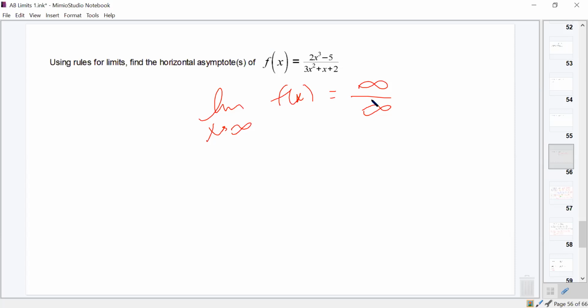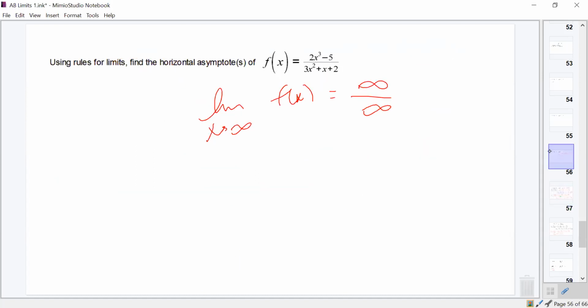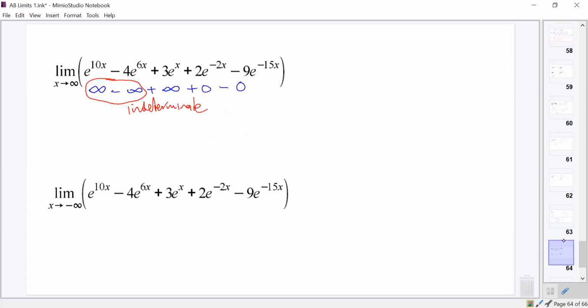Way back when we did those last week. And same with this one today, it was infinity over infinity. Well, infinity over infinity is also indeterminate. So we had 0 over 0, we had infinity over infinity, which is indeterminate, and we also have this other one, which is infinity minus infinity, which is also an indeterminate form.